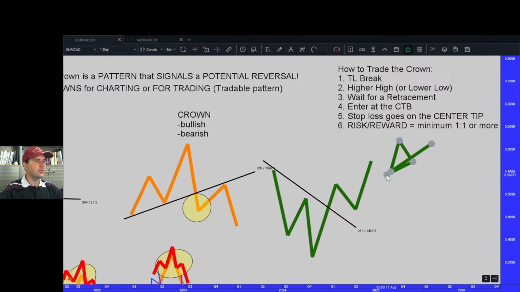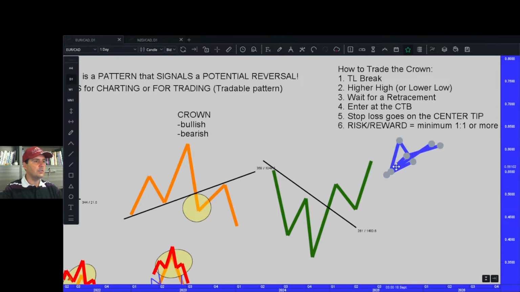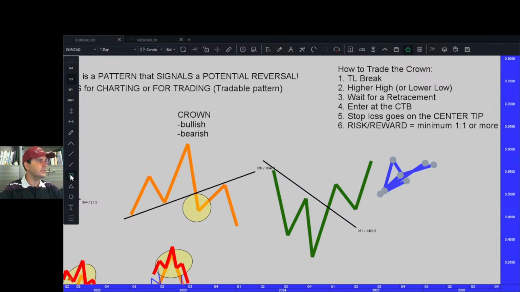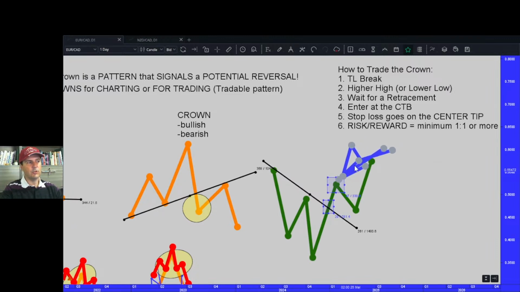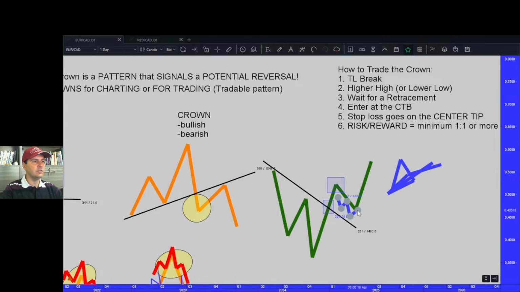So you are going to look at the chart. Number one, what you're going to see is the trend line break. Down trend line, and the market, bam, this would be the number one, trend line break. Number two, the market would make, in this example, a higher high. You are still looking at the chart, you are not doing anything. Number three, you are going to wait for a retracement, maybe on the same time frame, maybe on a smaller time frame, up to you.